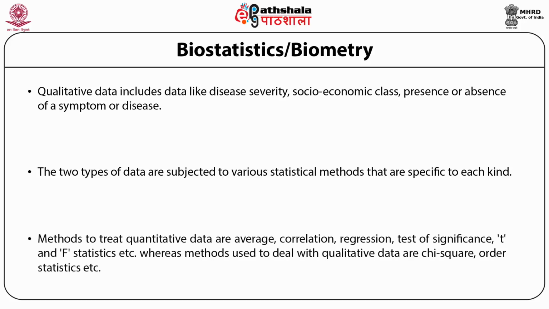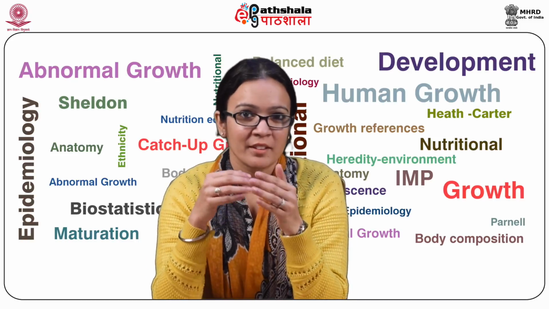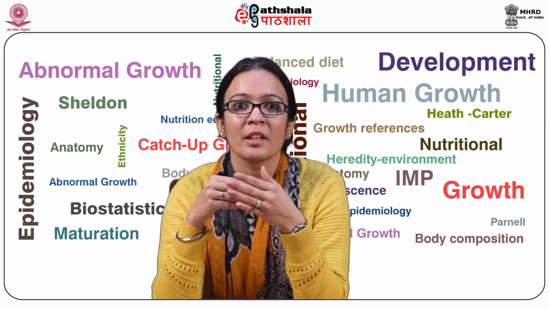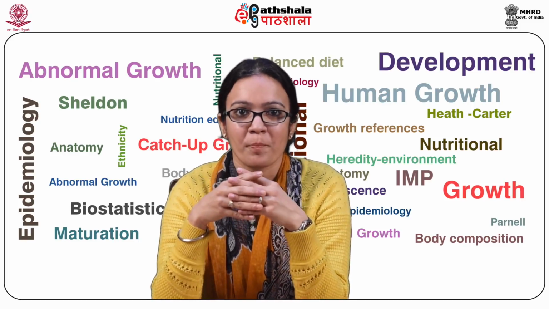Methods to treat quantitative data include average, correlation, regression, test of significance, t-test and f-test, etc. Whereas methods used to deal with qualitative data are chi-square, order statistics, etc. Some of the tests which are frequently used in statistical inquiry are briefly explained in the text. So the data collected in a study is put to statistical analysis based on the aims and objectives and presented in a suitable format for further interpretation.